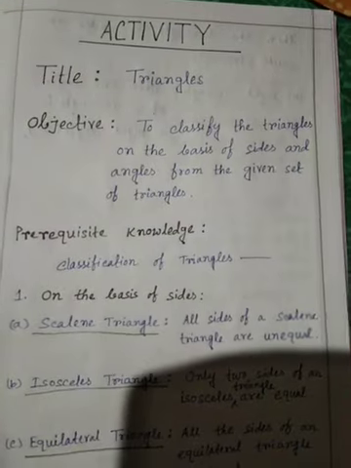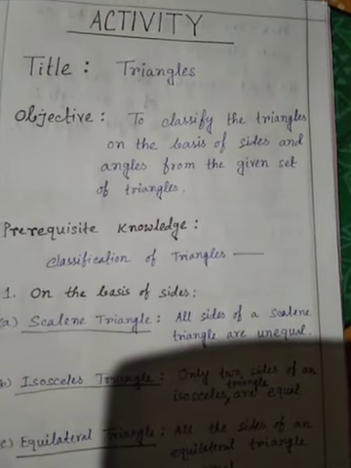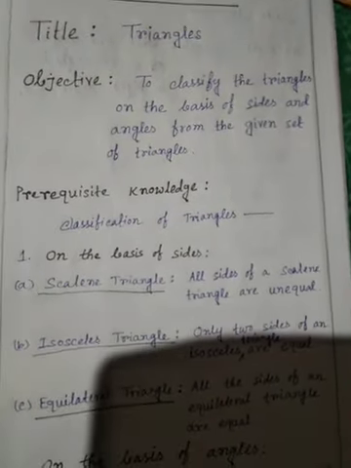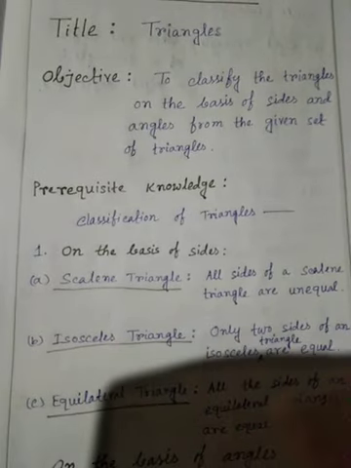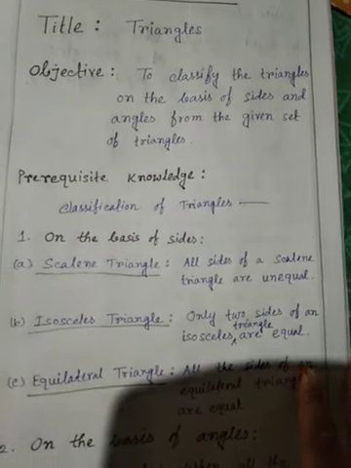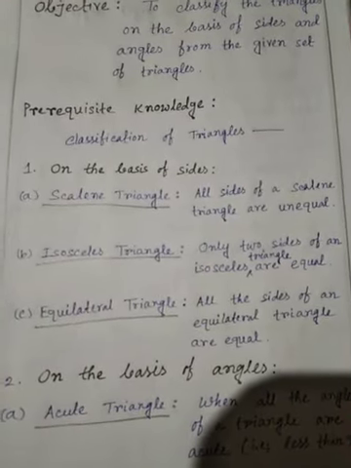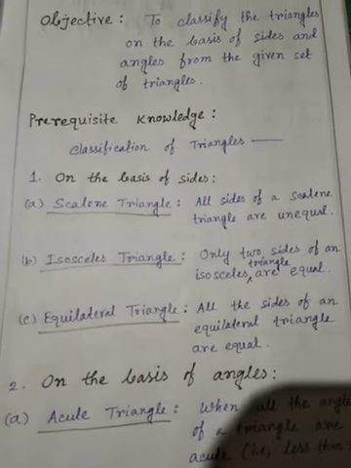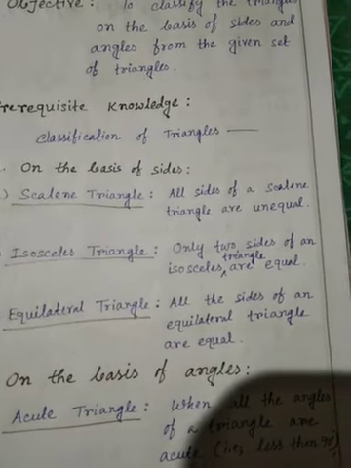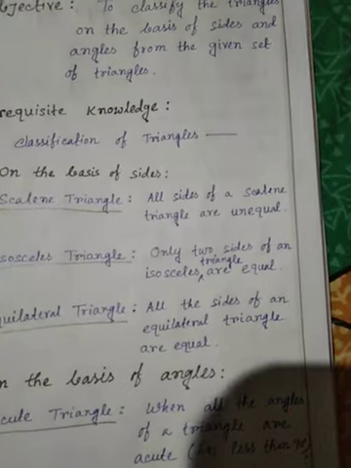Now prerequisite or previous knowledge. For doing this activity we must have some previous knowledge. So here classification of triangles. First, on the basis of sides, there are three triangles. First one scalene triangle, second one isosceles, and the third one equilateral triangle. So you know the definition of them.